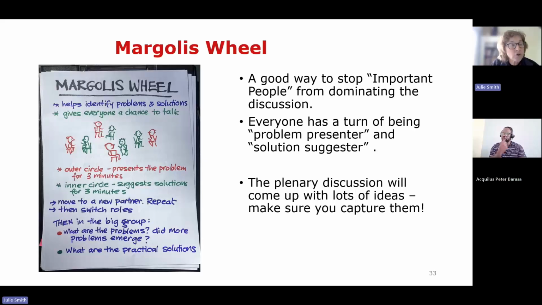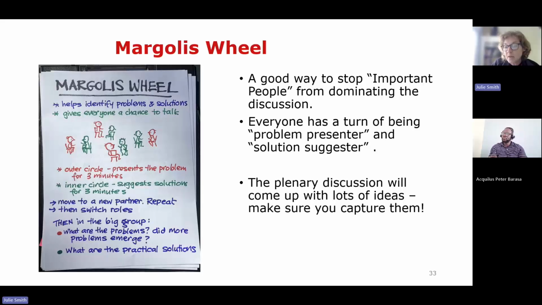And they talk to the other person who is the solution suggester. So that person spends 3 minutes and you're dialoguing about the problem and the solution. And then you move around to the next person and you talk to them. What do you think's a problem? What do you think's a solution? And then you swap sides. So then you become the solution suggester, and somebody else brings out the problems.